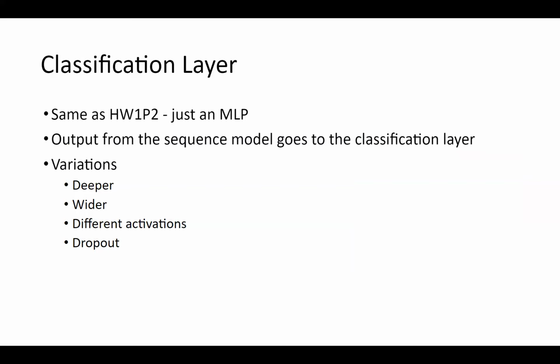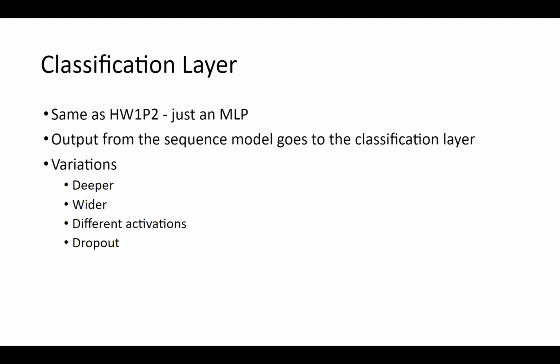You can also introduce dropouts in order to mitigate overfitting. So there is no strict requirement of how deep the network should be. Feel free to experiment. For this portion, you must have encountered a similar implementation in homework 1, part 2.